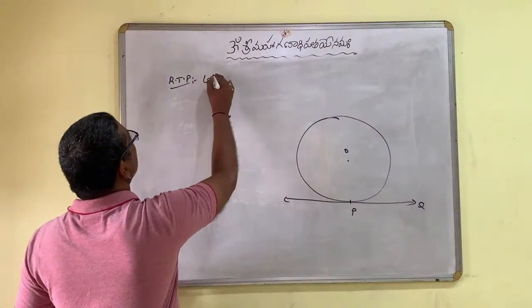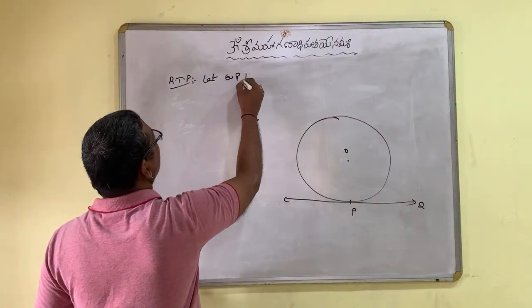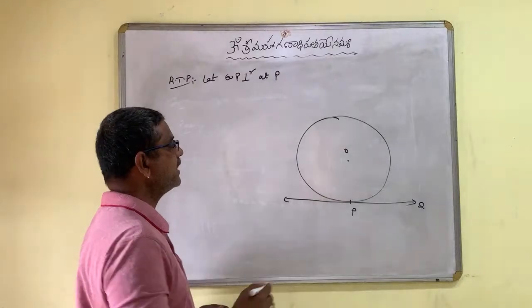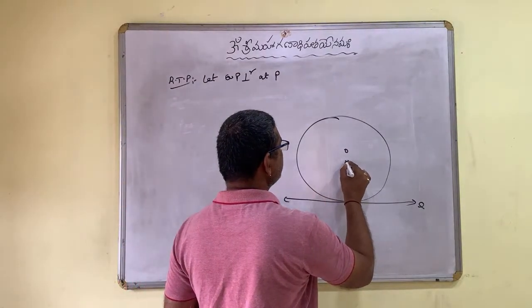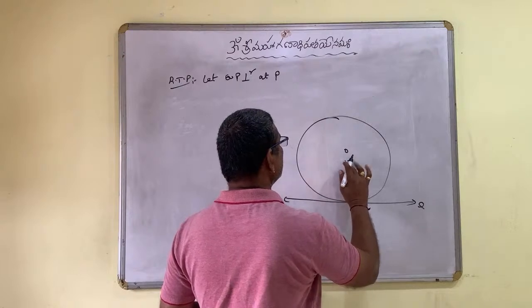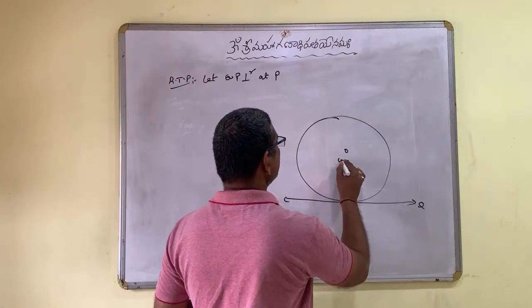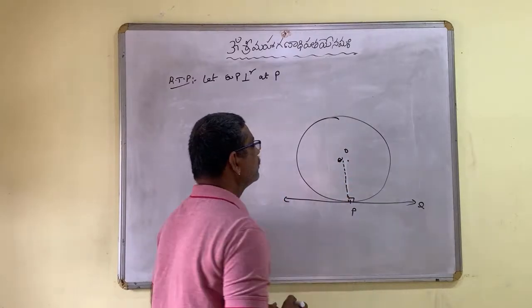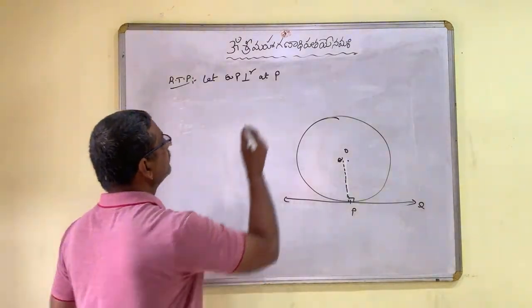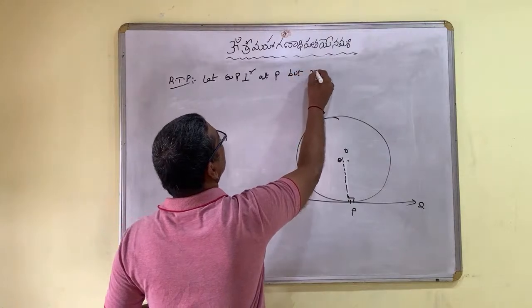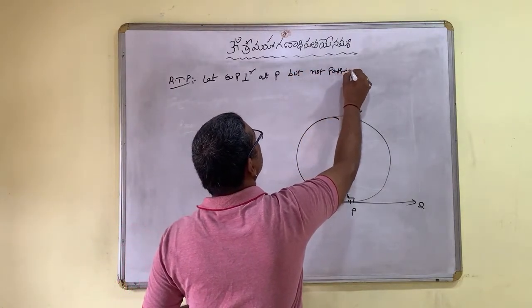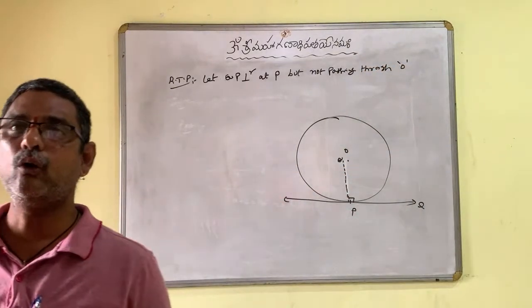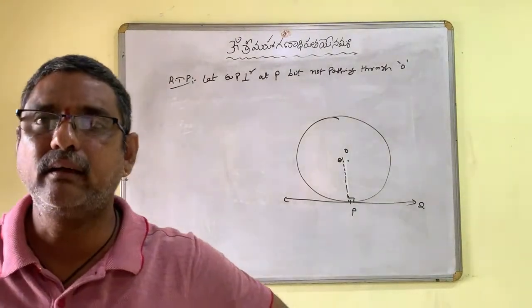Let QP be a perpendicular at P, but not passing through O. We'll consider it like that.